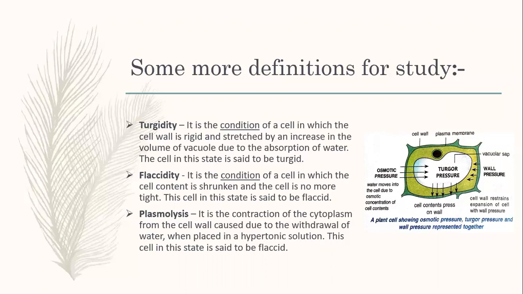The condition is called flaccidity, and in such a state the cell is called flaccid. If a plasmolysed cell is kept in water, it regains its original shape. The reversal of plasmolysis is called deplasmolysis.